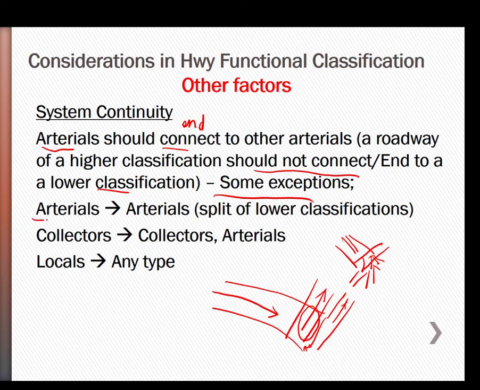Collectors can connect to arterials, can end up at an arterial. This is very normal, but not the other way around. Locals can end at any kind, it doesn't matter. Locals are everywhere. But we sometimes want to consolidate these locals when they hit a main road, especially when it's a street road.